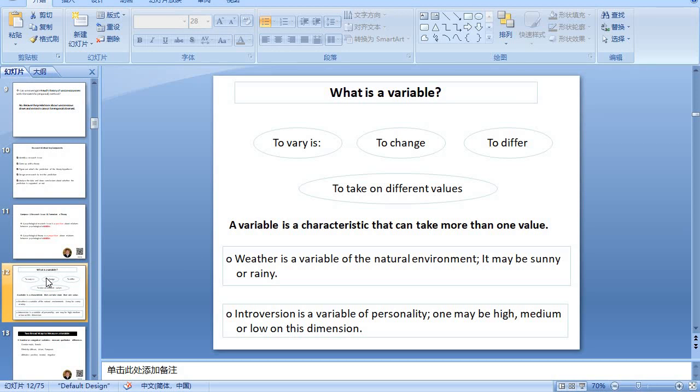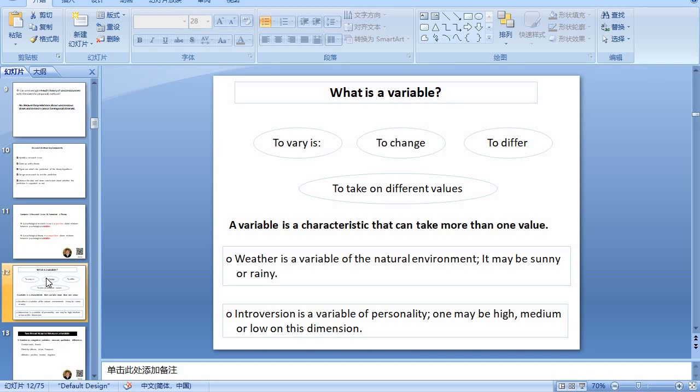And aggressiveness is definitely a variable. Intelligence is a variable. Intelligence is a variable that can be measured quite precisely with IQ tests. So a variable is simply a characteristic that can take on different values, more than one value.